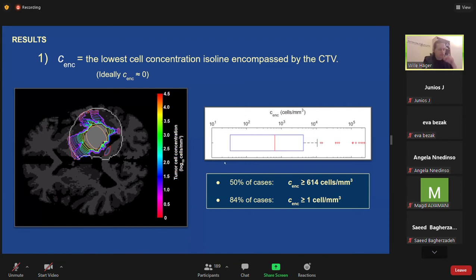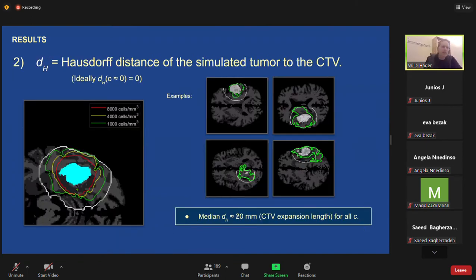But regardless, looking at the Hausdorff distance, in virtually all the cases, the median Hausdorff distance is roughly 20 millimeters. But this is equal to the CTV expansion length. And here are some examples of what it looks like. This green outline corresponds to the 100 cell isoline, so it's pretty low, actually.